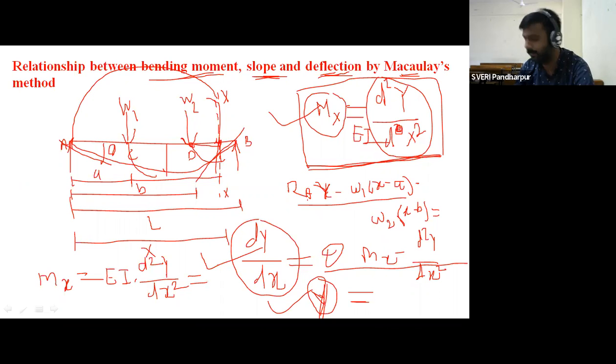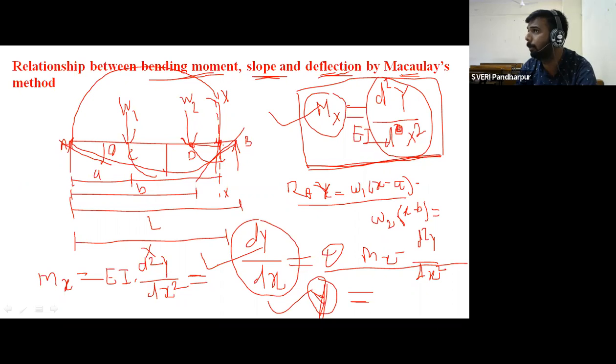What is the first? Ra into x, correct? Figure मधून here I have written, याच्याच पुढे द्यायचं इक्वेशनच्या समोर. Now we have to take the moment about section xx. पहिला कुठला लोड आहे, रिएक्शन Ra. So Ra into x, write down Ra into x minus, what is the next, W1 into x minus a.